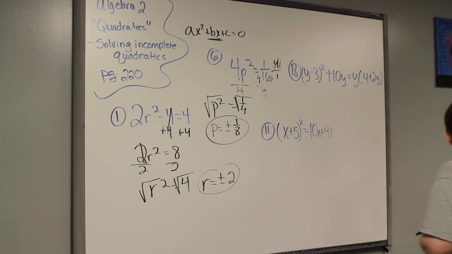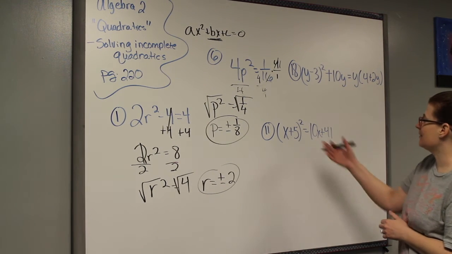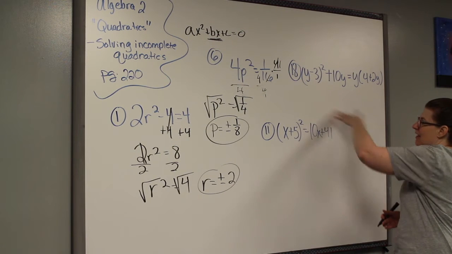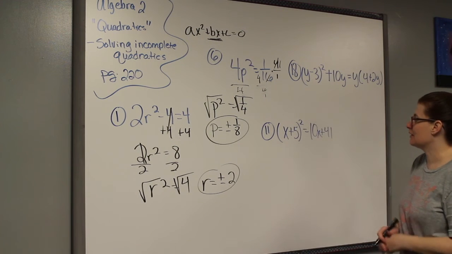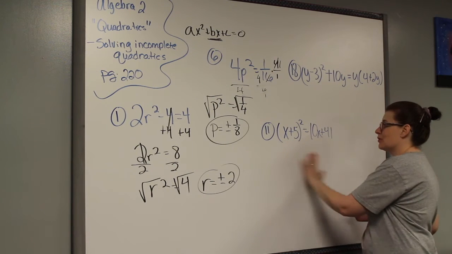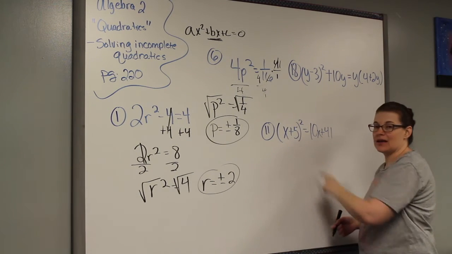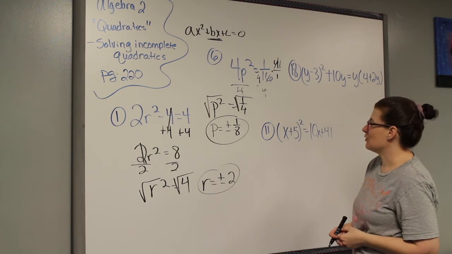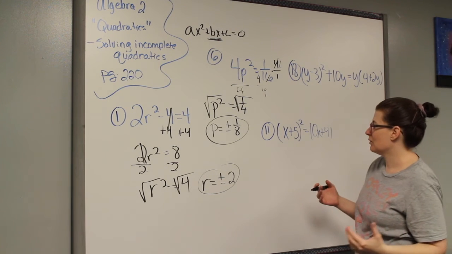If we move on to problem number 11. 18's last. I'm going to do 11 and then move it out of the way. So problem number 11 is a little bit more complex. There's no squared term. They have a binomial that they want you to square here, which means you have to FOIL.